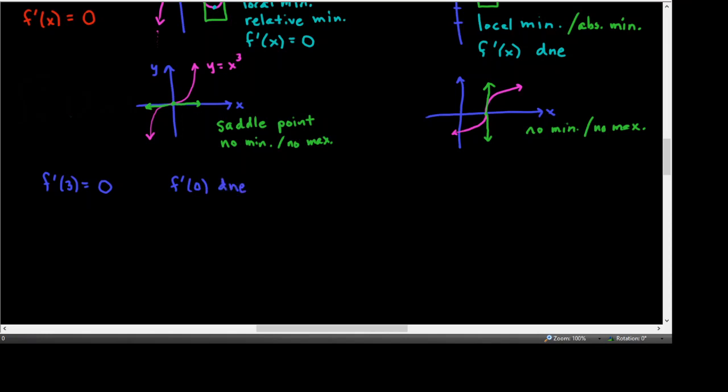And at the relative maximum at pi over 2, what's f prime of pi over 2? What's the slope of the tangent line to that curve at pi over 2? It's 0. And what about at the relative minimum at 3 pi over 2, negative 1? What is the first derivative at 3 pi over 2? In other words, what's the slope of the tangent line at 3 pi over 2 to that curve?